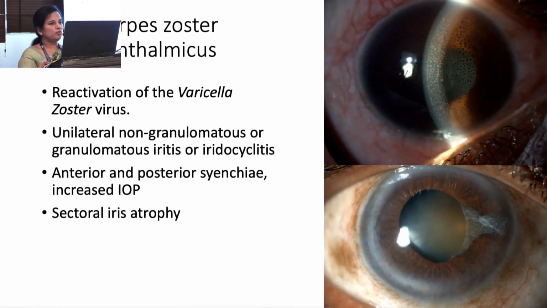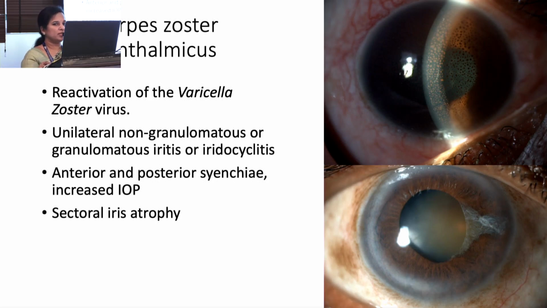Now coming to varicella zoster associated viral uveitis. The viral uveitis etiologies are HSV-1, varicella zoster and CMV. The clinical manifestations overlap to a certain extent among the three etiologies, but usually HSV is the commonest cause of viral anterior uveitis. Varicella zoster is not as common as HSV, but it presents with a severe uveitis.